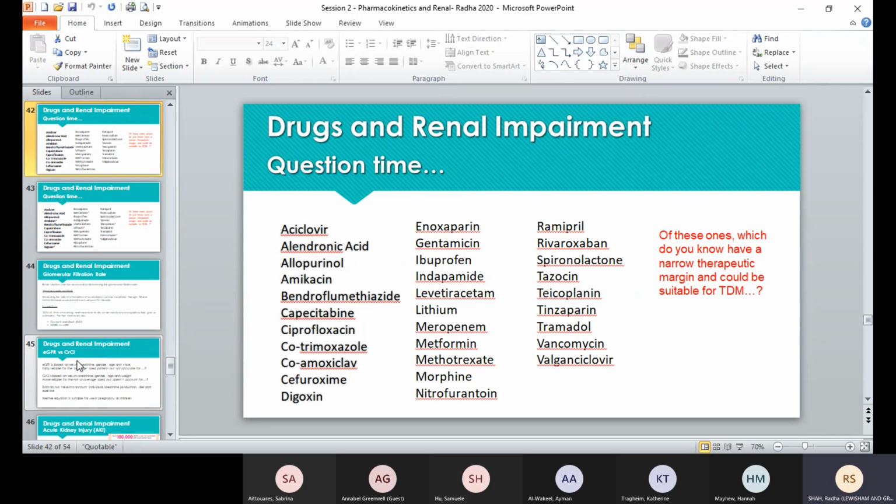So these are, so of all of these drugs, which do you know have a narrow therapeutic margin and could be suitable for therapeutic drug monitoring? Type in the chat box. What do you think?